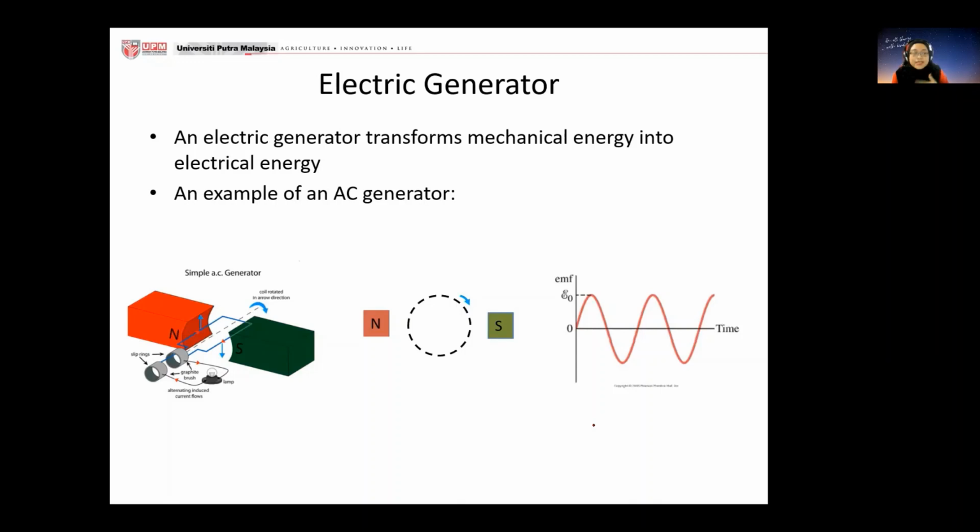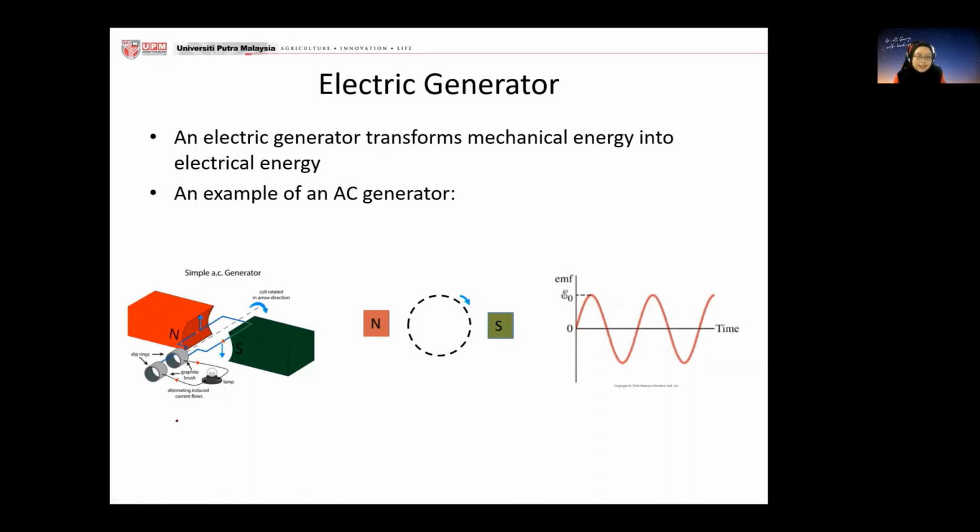The basic description of a generator is that it transforms mechanical energy into electrical energy. So I'm sure you guys know this already. That's what we've been saying from day one. It transforms mechanical energy into electrical energy. Okay, but how, right?